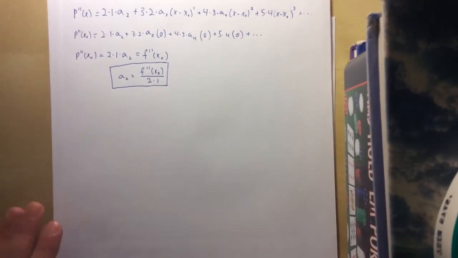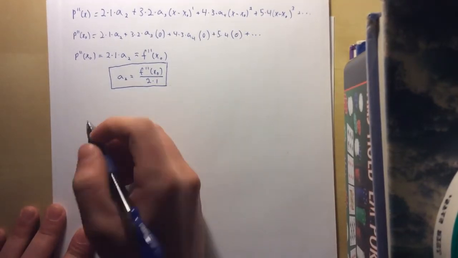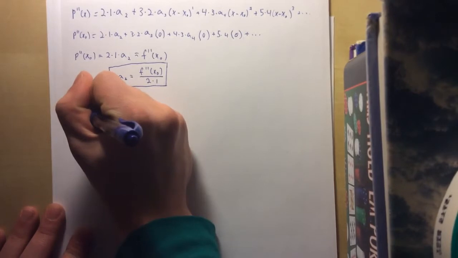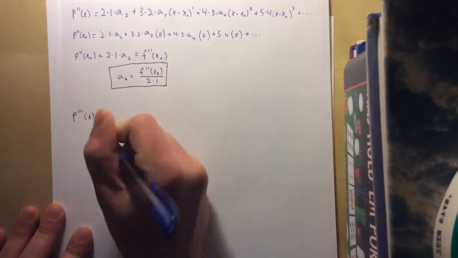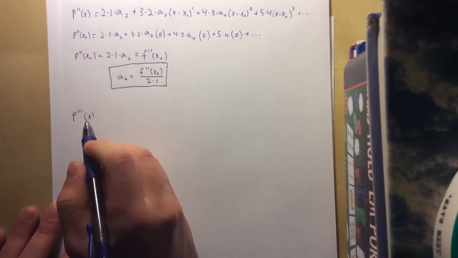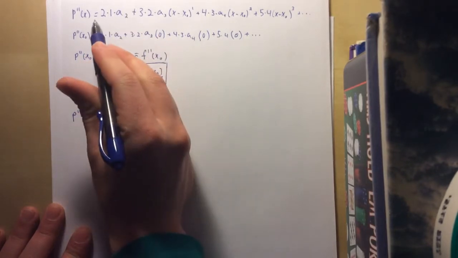So let's do this. How about we do this 2 more times? So I'm going to run through this really quickly. So the third derivative of our power series, that's just, this term cancels out.